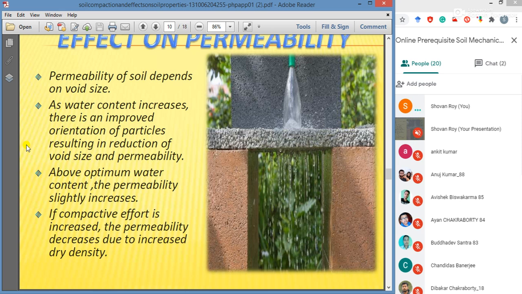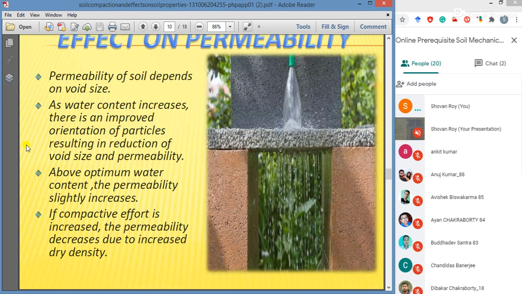Even without water, the soil will give the same weight. So this is the minimum water content which the soil can carry, and even with this water content in the soil mass, the soil can behave like a semi-solid state soil.